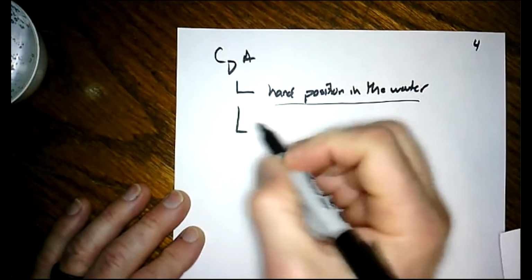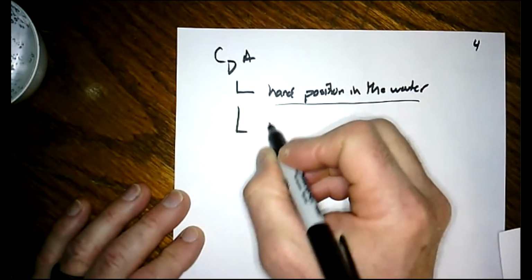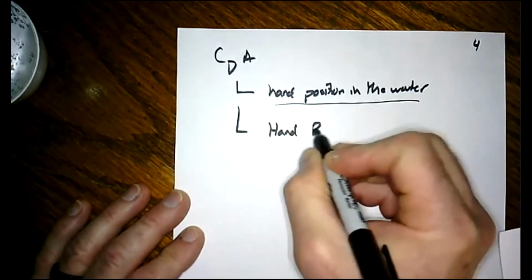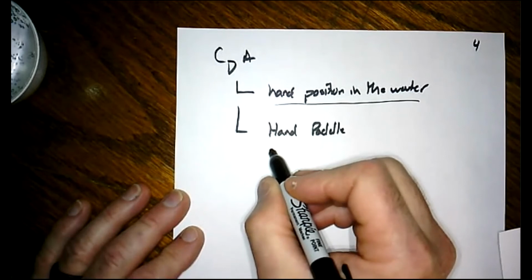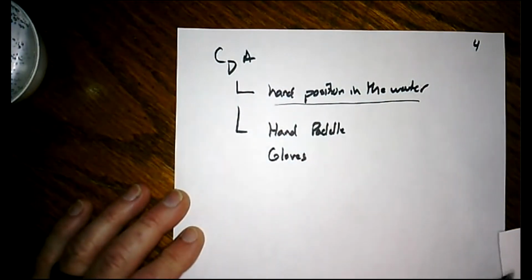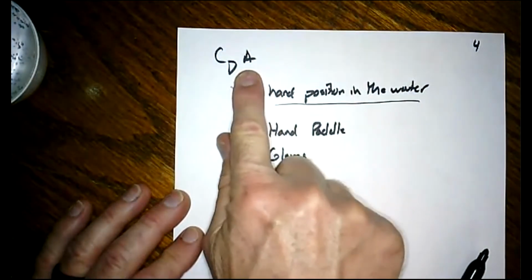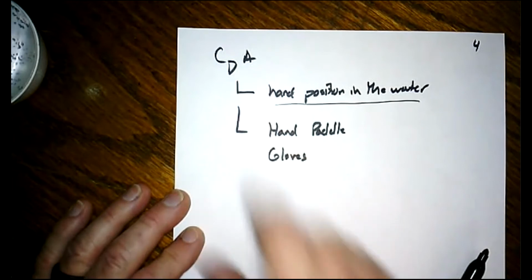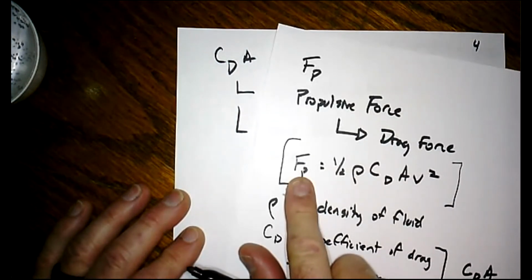I could put on something that increases the frontal area specifically, like a hand paddle. That's a swim device that swimmers use, or maybe some gloves that people will use for increasing the frontal area of the hand. That's what that's going to do. If that increases A, that is going to increase the potential to increase propulsive force.